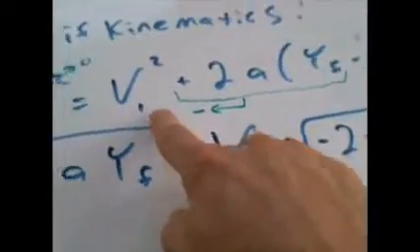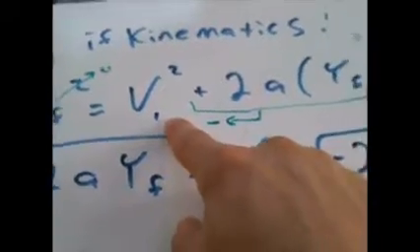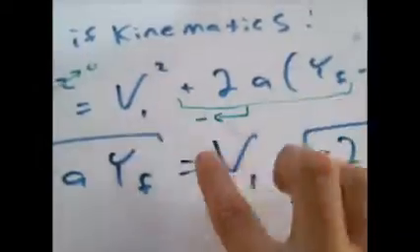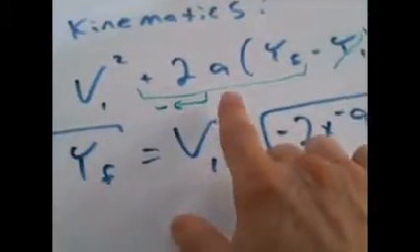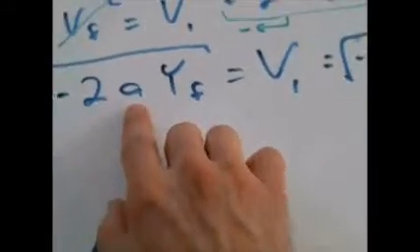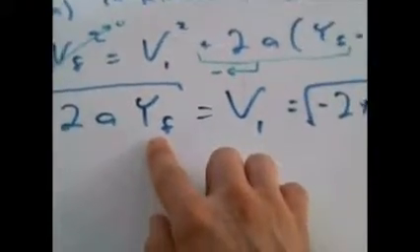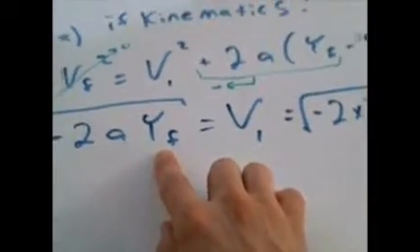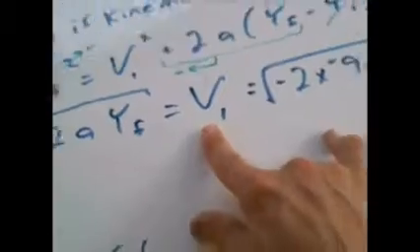If I want to isolate the initial velocity of the water droplets on their ascent upwards, I will subtract this quantity over to the other side so I can keep that number positive. That means negative 2 times the acceleration times the final height that it reaches is the square of the velocity. So if I square root that, I will have the speed at which it leaves.